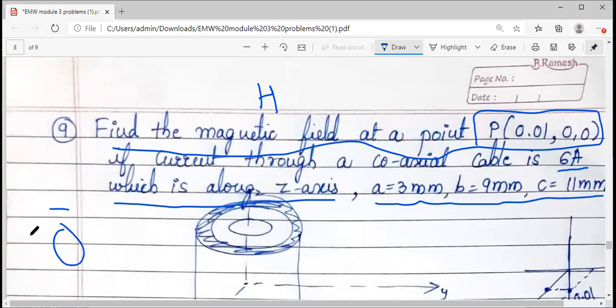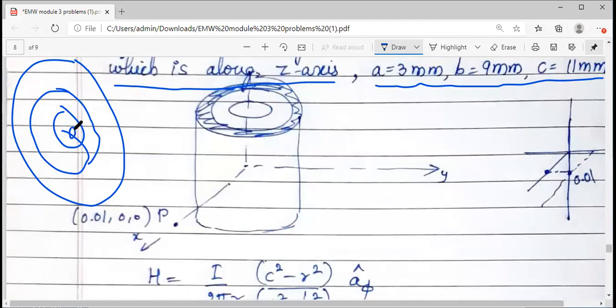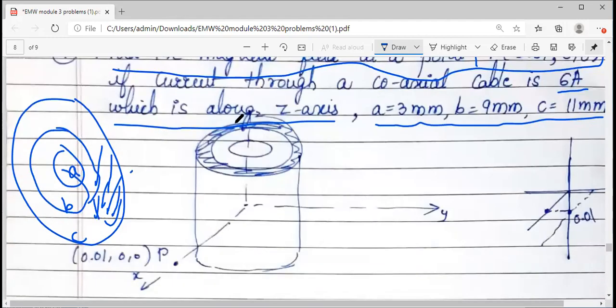Remember, when we took the coaxial cable, let me recall very quickly. The inner radius is A. If you see, this is the thicker outer conductor, which has a thickness. This radius is B, this radius is C. Try to recall the theory class. This is the cylinder I have drawn.